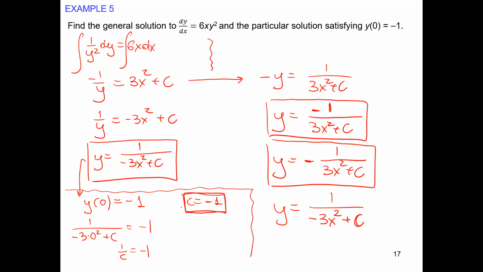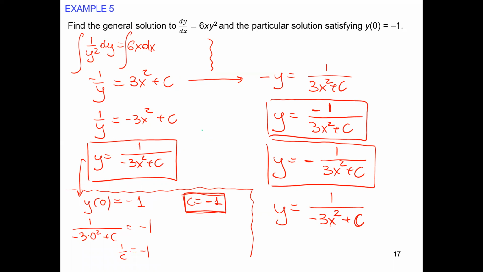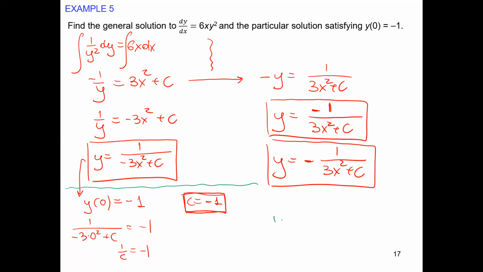Okay, c is negative 1. And the function will be, I can write here, because that was the same function, the final answer will be 1 over negative 3x squared minus 1.